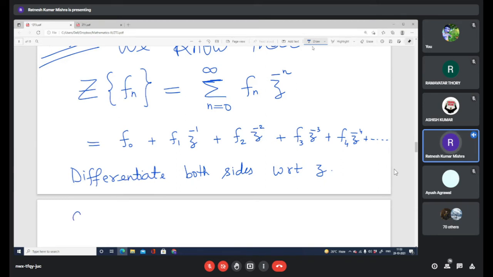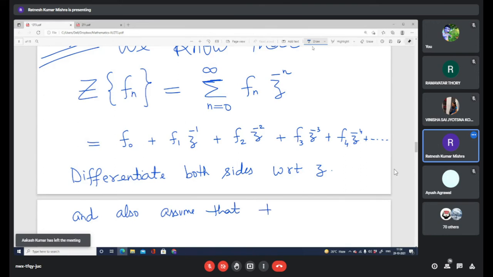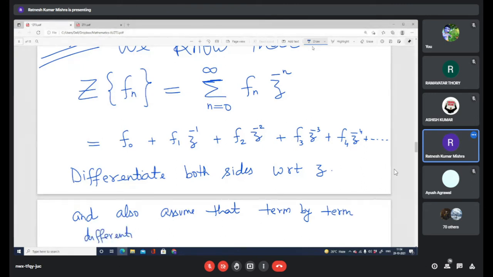And also assume that term by term differentiation of an infinite series is allowed.